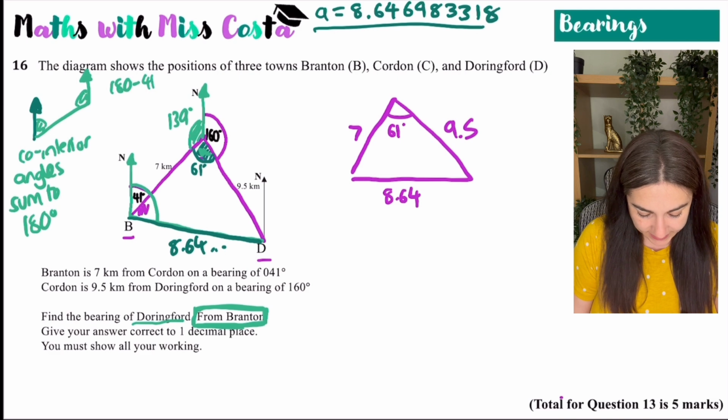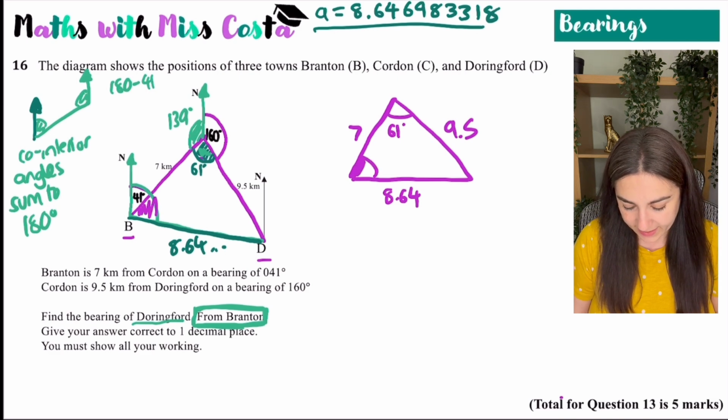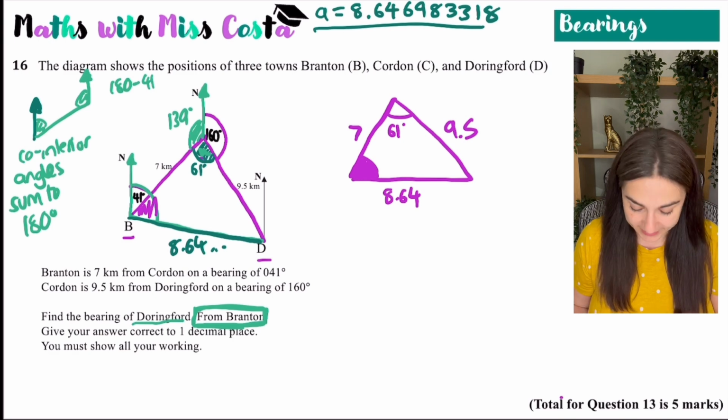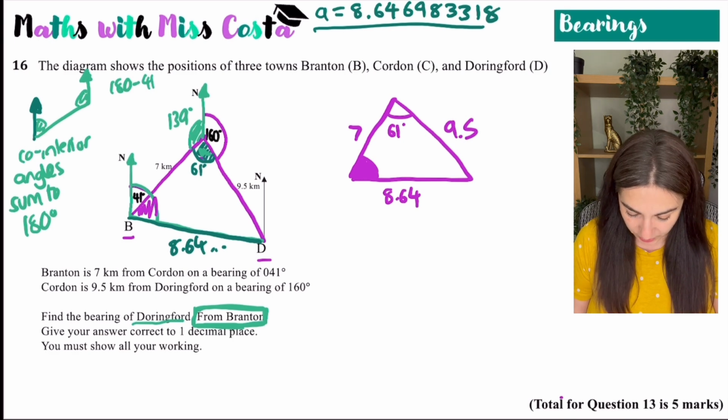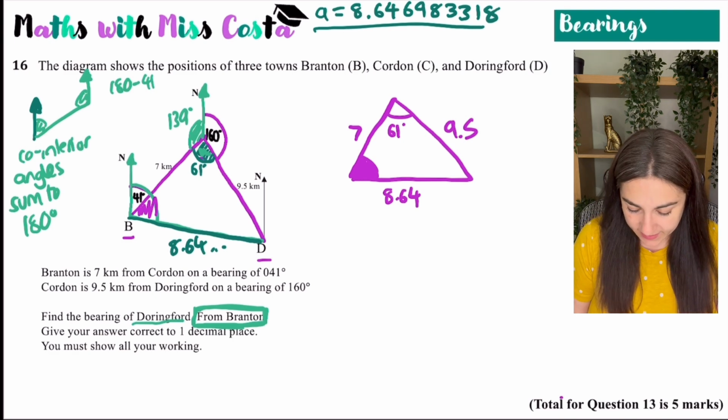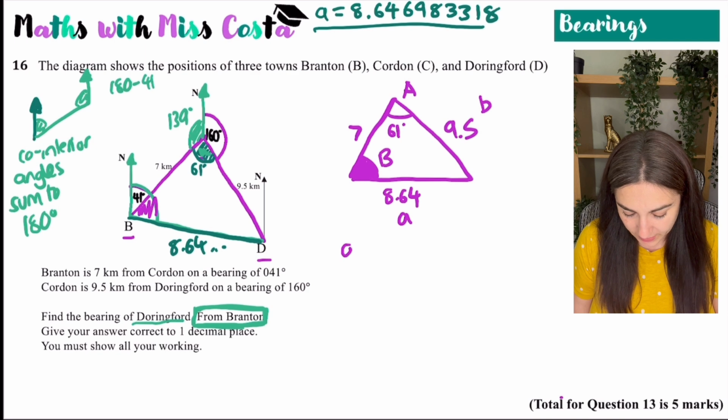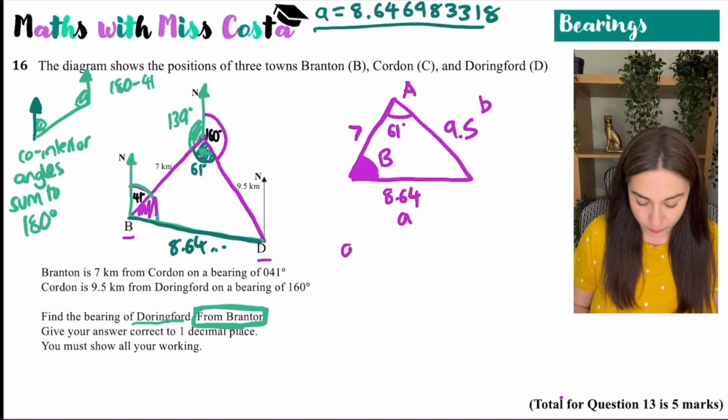And this angle here is the angle that I'm after, because if I know what that is, I can work out what the bearing is. So let's label it again. We can keep this as it was. I can't remember if this was little b or big B, but it doesn't matter. With the sine rule, there are two options.